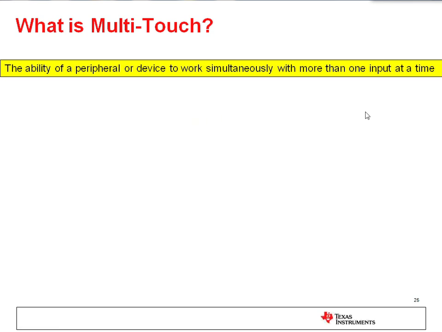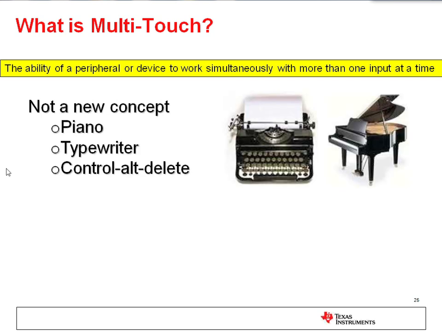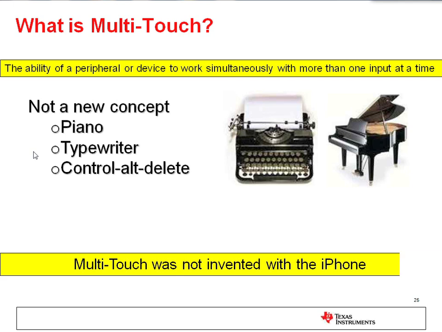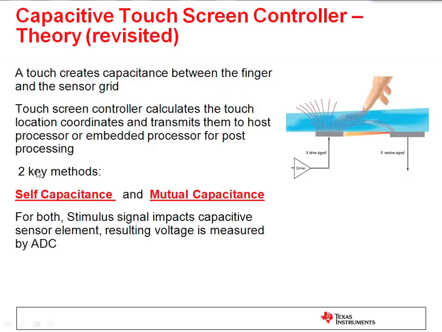It's the ability to have a peripheral work simultaneously with more than one input at a time. And this is not something new. It's been around for a long time. I mean, you have pianos, you have typewriters, you have Control, Alt, Delete. It's a concept that's been around, and it was not created by the iPhone, just so you know. But it was definitely popularized in capacitive touchscreen control by the iPhone. I'll give it that.